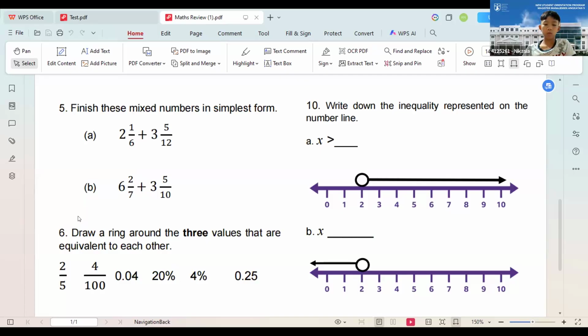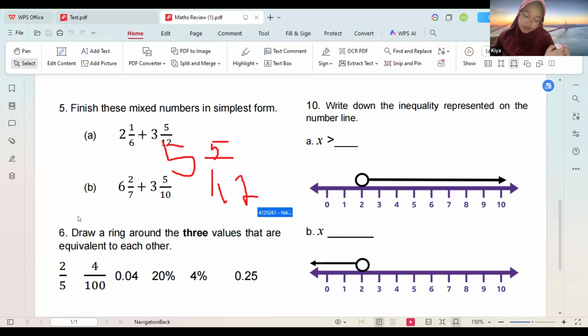5 over 12. 5 over 12. Why is the result that?